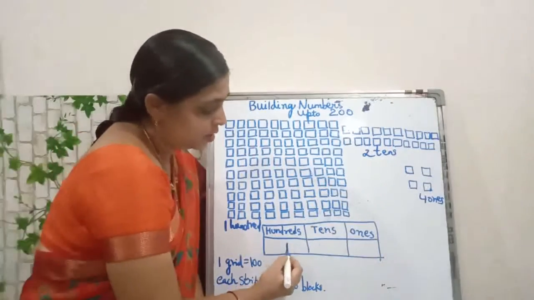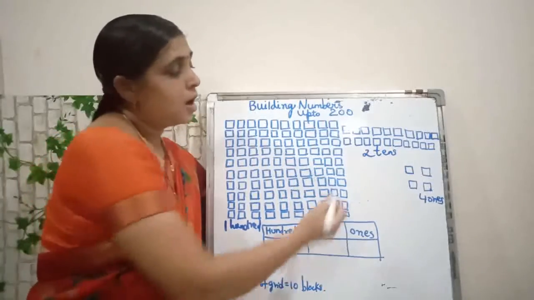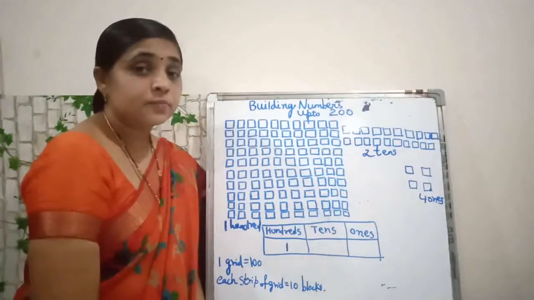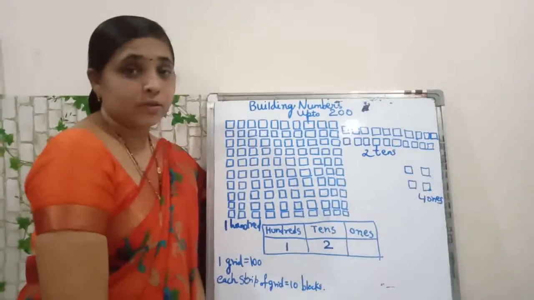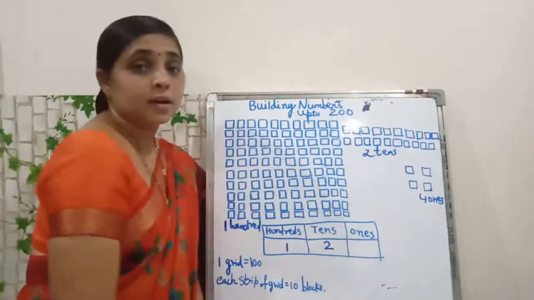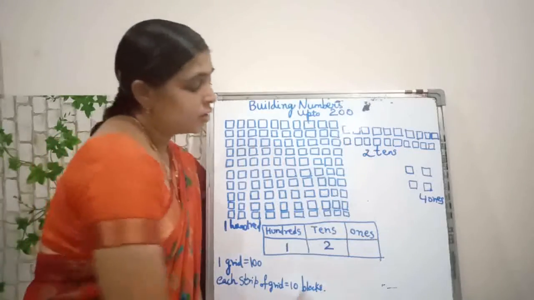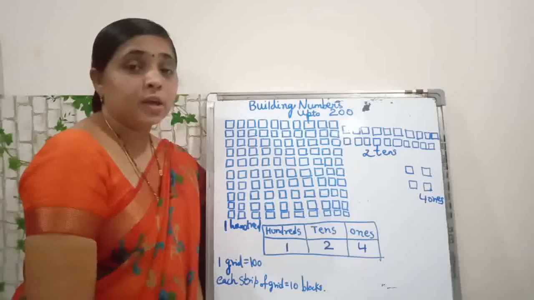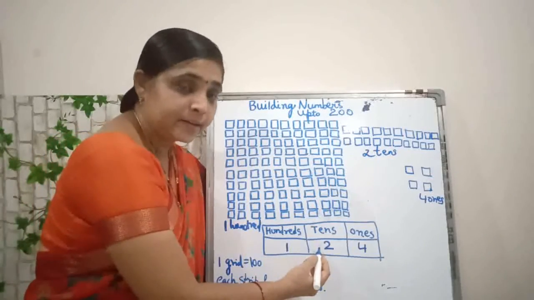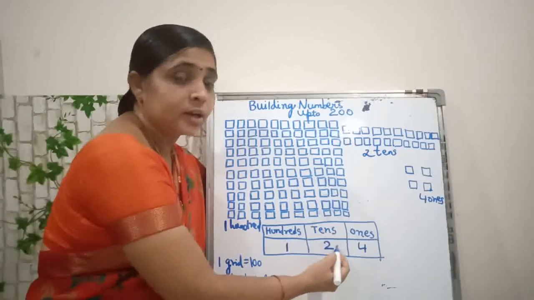So you have to write here 100. How many tens are there here? 2 tens. You can write 2 tens. How many ones are here? 4 ones. So you have to write here 4. So what is the number called? 124.